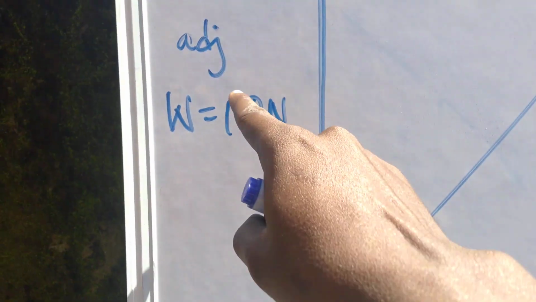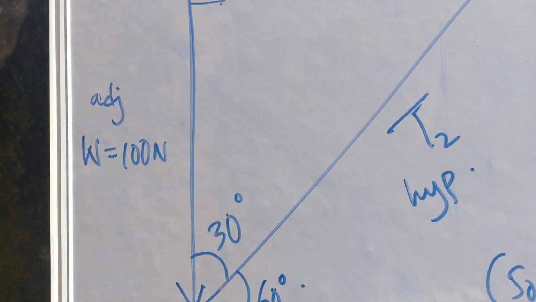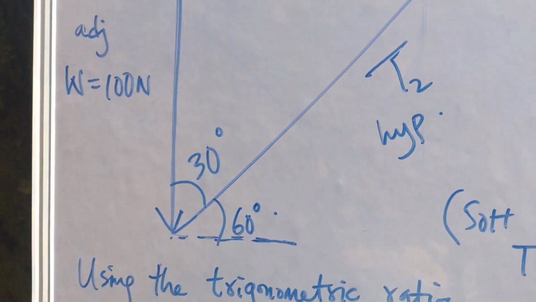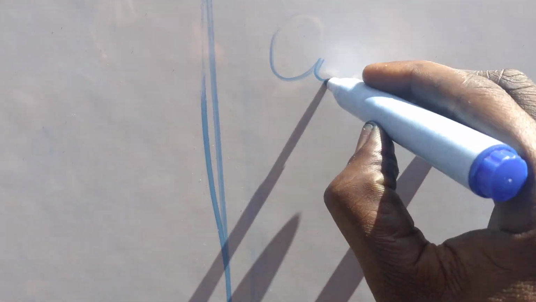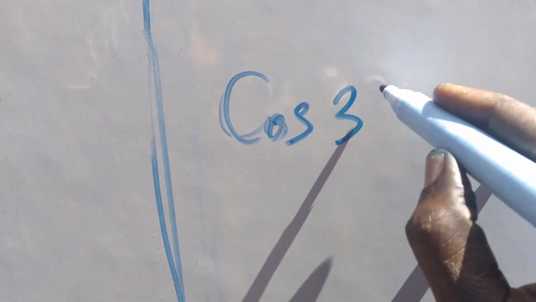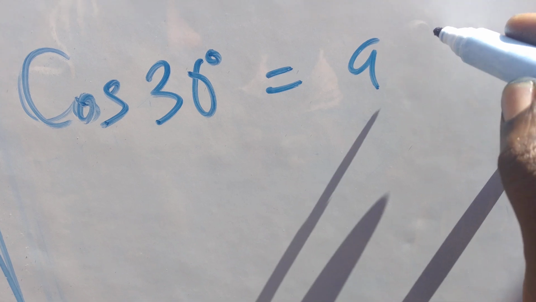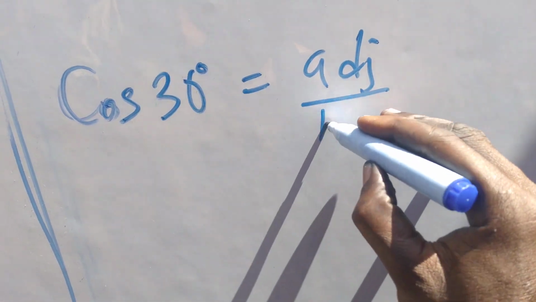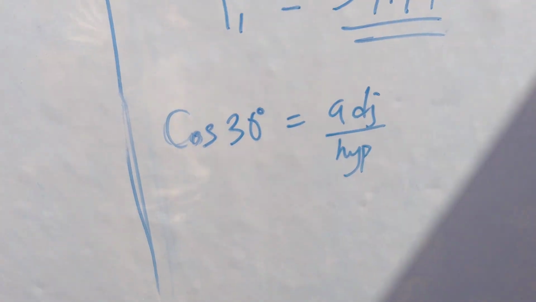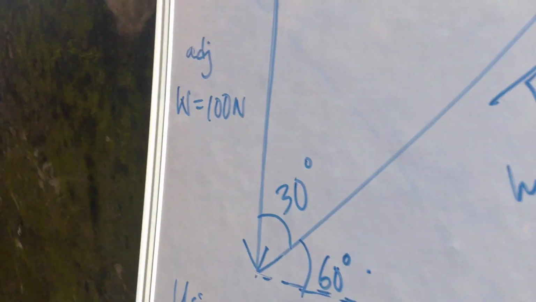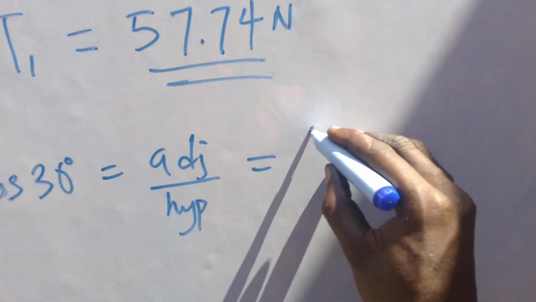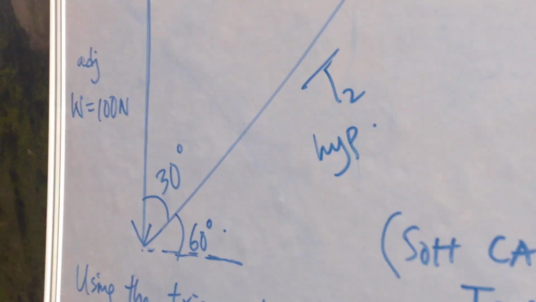So to find T2 now, this is the adjacent side and this is the hypotenuse. So I can say adjacent over hypotenuse, which is cos 30. Cos 30 degrees is equal to adjacent over the hypotenuse. So my adjacent side is 100 and the hypotenuse is T2.